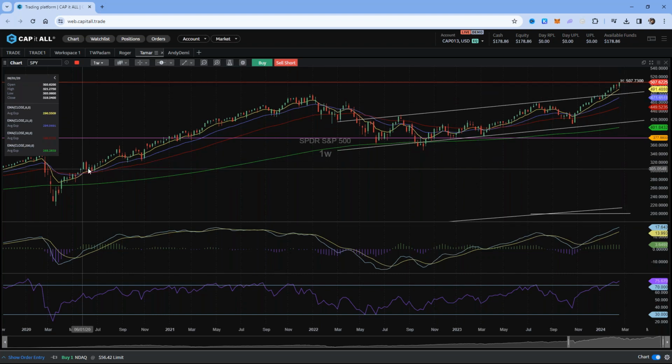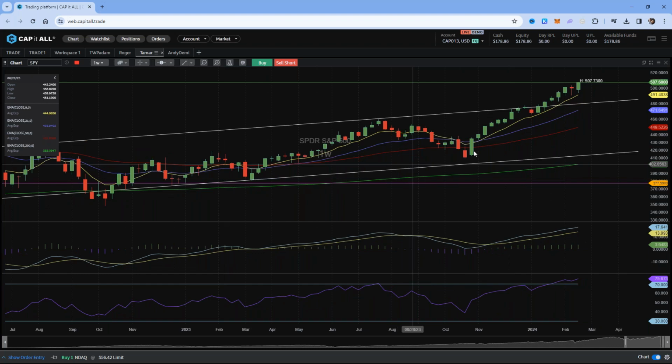Now, if you have a look at this trend up in the S&P 500, you can see it didn't often hit the 21, the blue line. It only got close there, hit it there and there, and then once here. Most of the time it was pulling back to the 8.